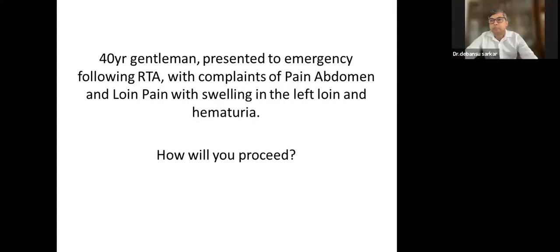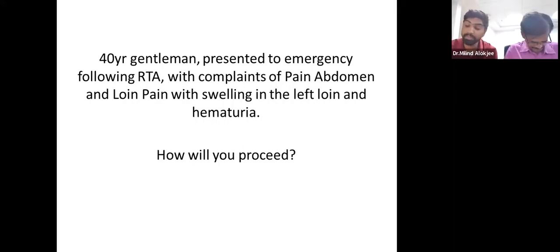Second, the patient's complaint over which specific region in the abdomen, and then I'll examine the patient for any abrasion or laceration or any wound over the pelvic region or loin region.